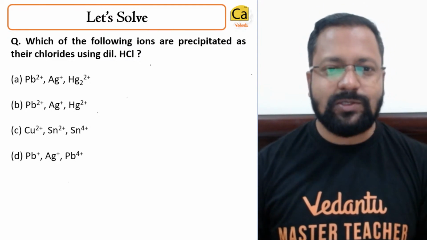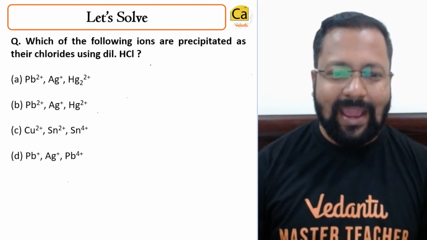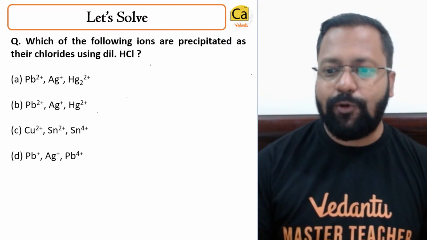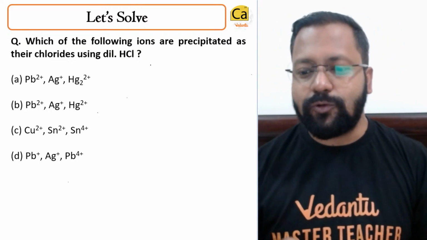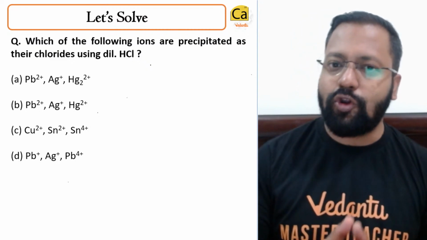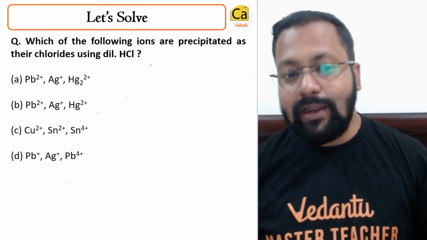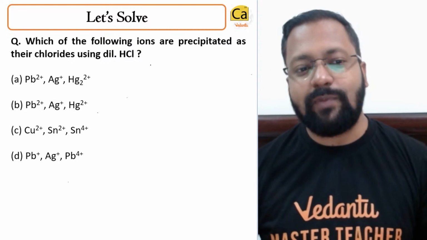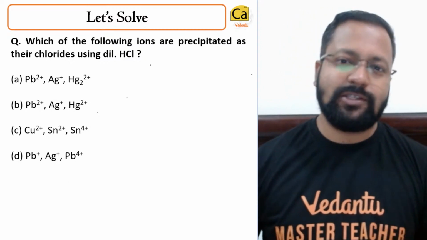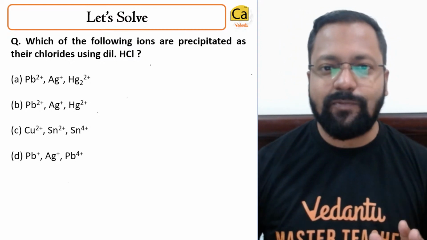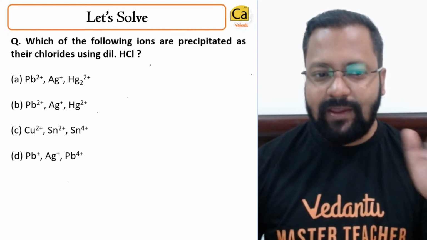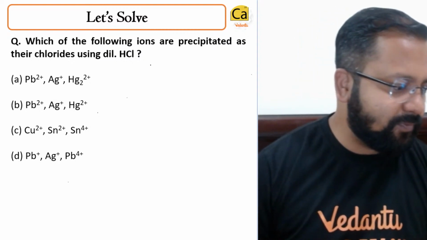Dilute HCl is the reagent for group 1. Whatever cations are present in group 1 will be precipitated by dilute HCl. It's as simple as that. So you have to identify which cations are present in group 1.